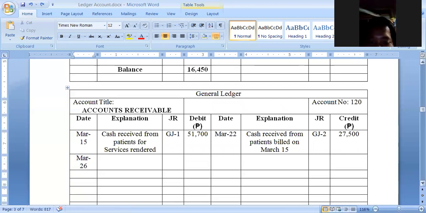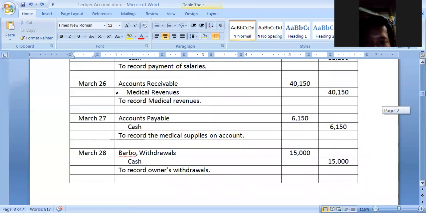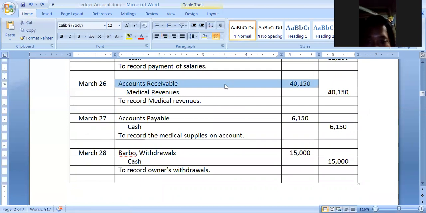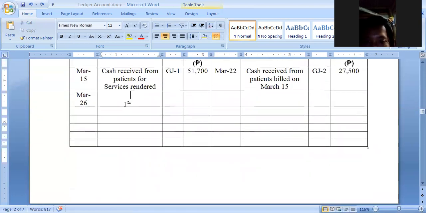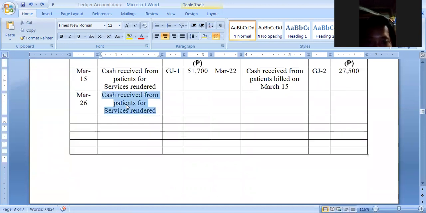March 26. Go back to journal entry. Accounts receivable, 40,150 debited. Cash received from patient for services rendered.